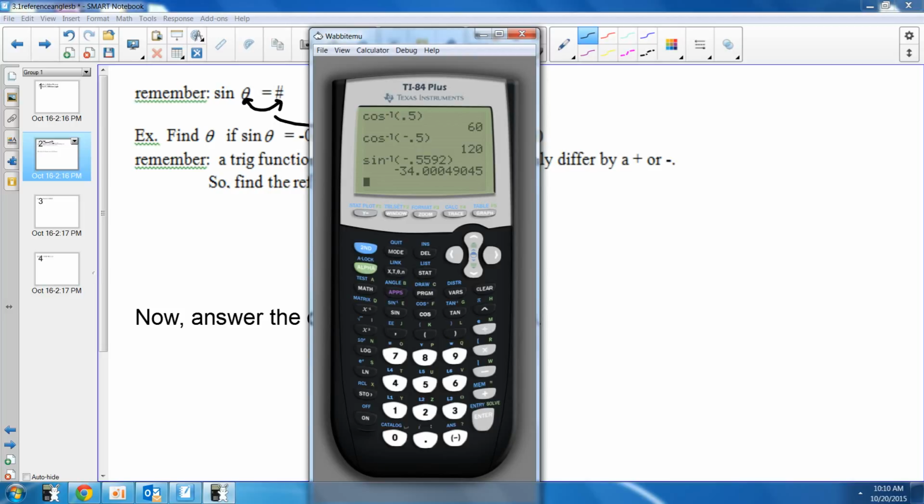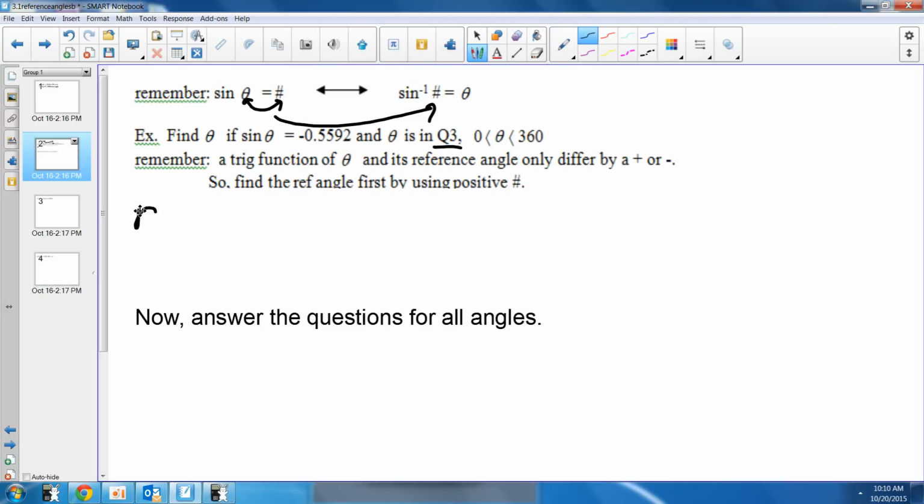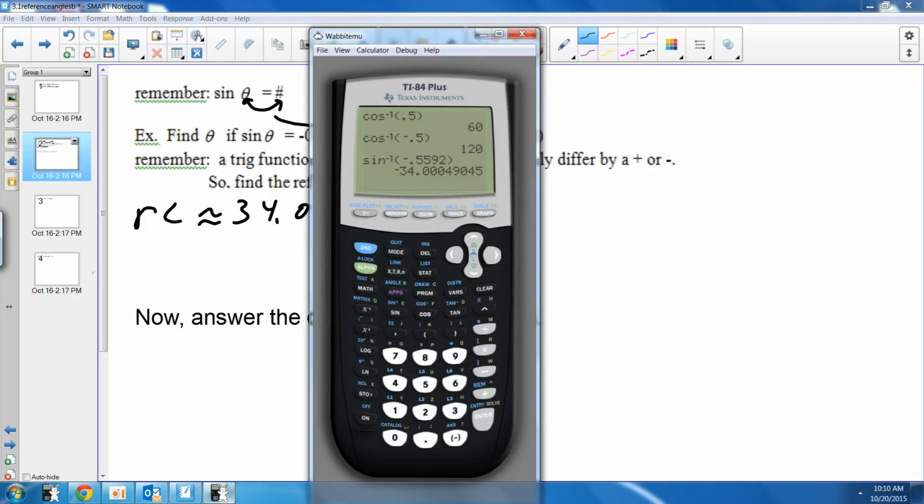There are two ways to do this. One way is you can say, all right, based on my work there, I know that my reference angle is going to be approximately positive 34.00 degrees. You're going to adjust this angle so it's your reference angle.